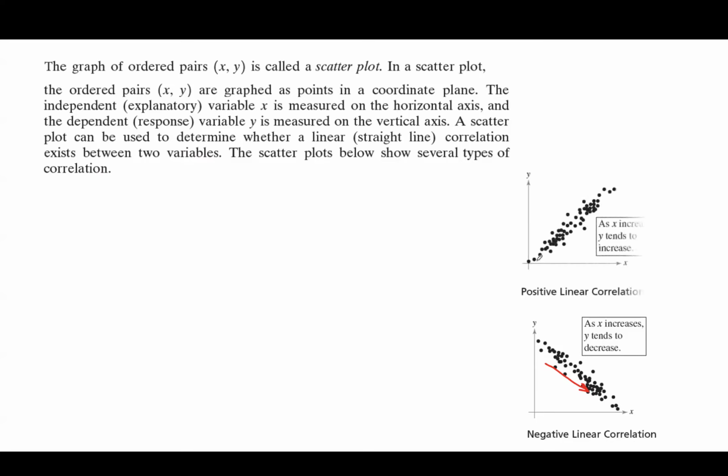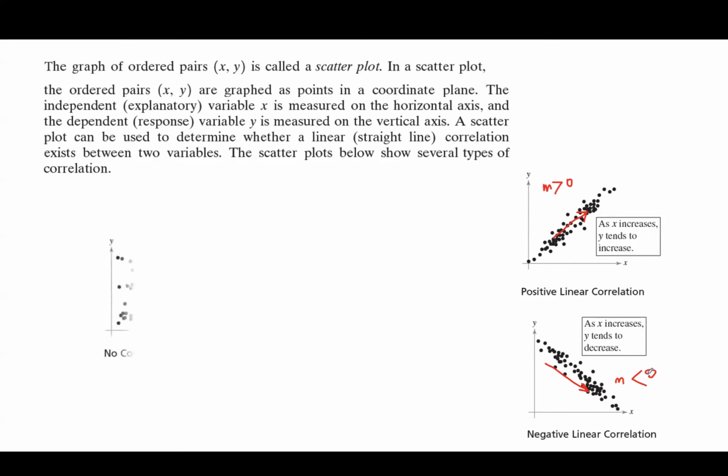The trend between x and y shows that you have an increasing line. As x increases, y tends to increase as well. And we can fit an increasing line from left to right with positive slope. And for a negative linear correlation, the slope of the line is negative.